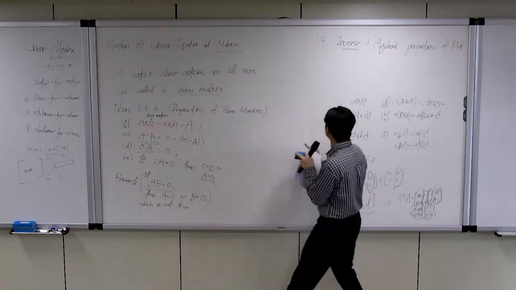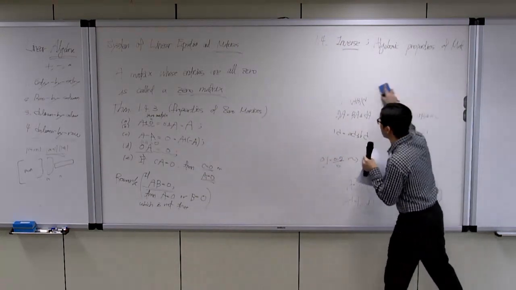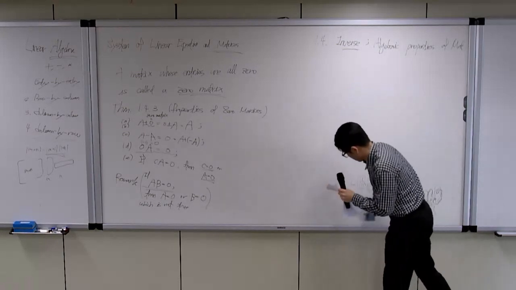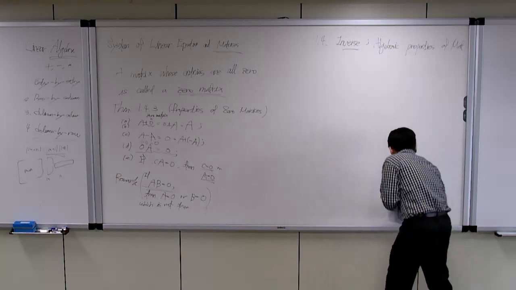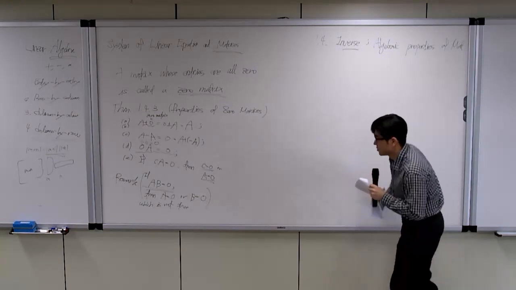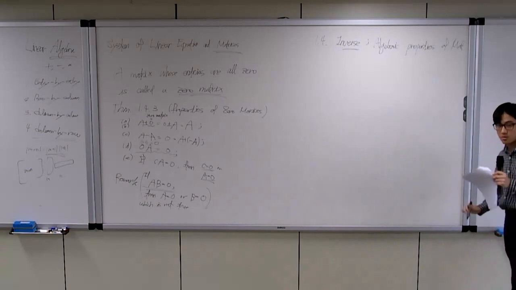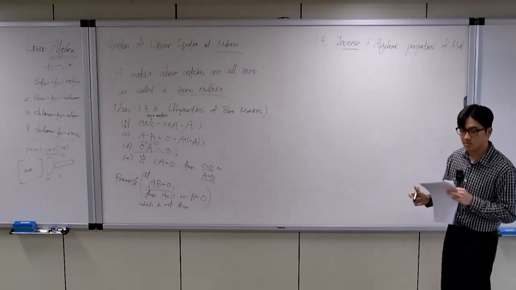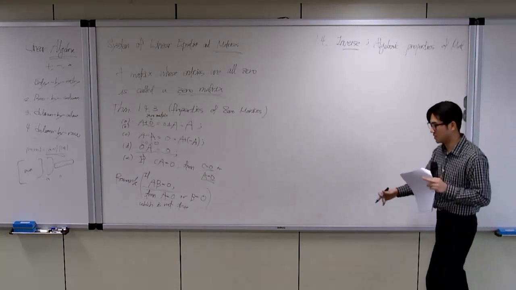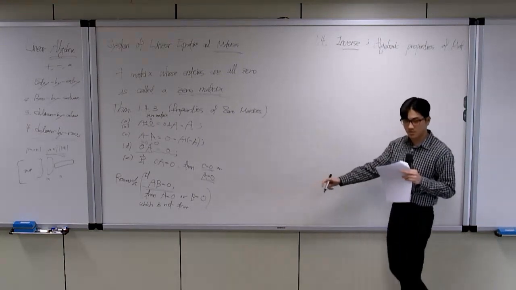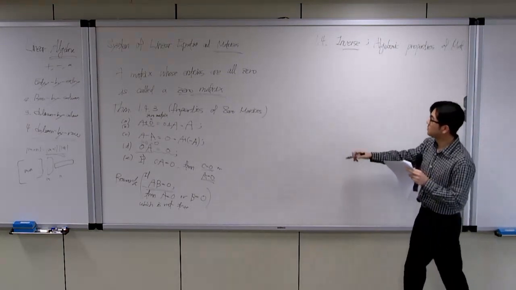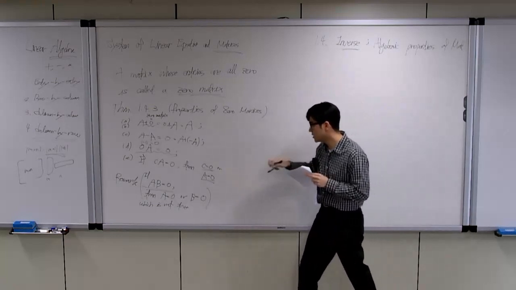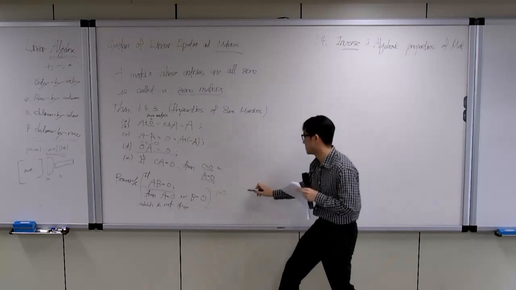Okay, I will make an example, a counter example. It doesn't mean at least one is 0. It's important information, so I will give a counter example.